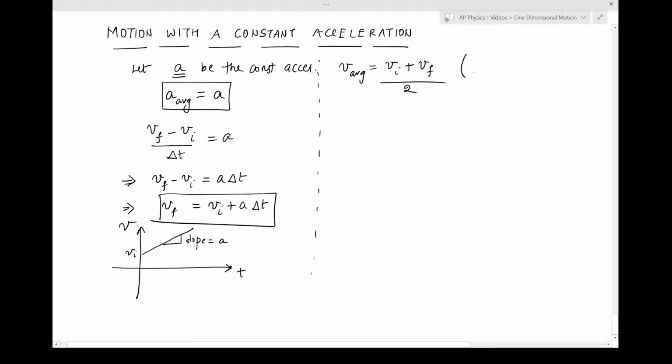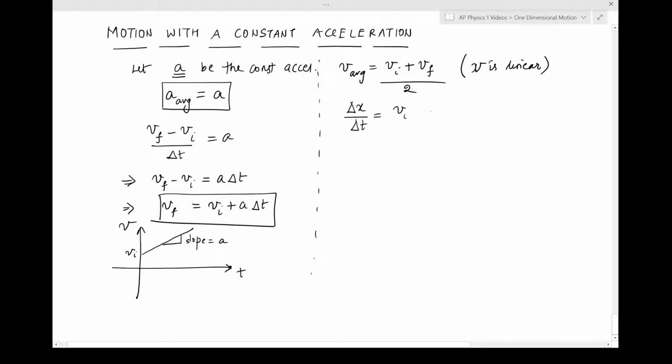Now this is only because v is linear. If the velocity was not linear, then you cannot use this. So please be careful about that. Now we know also that the average velocity is equal to the displacement over the time interval.